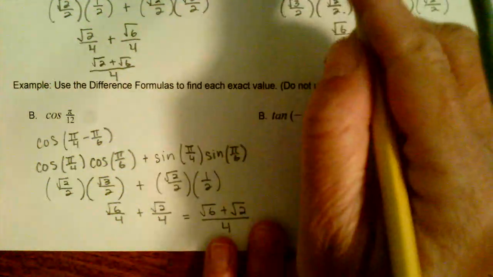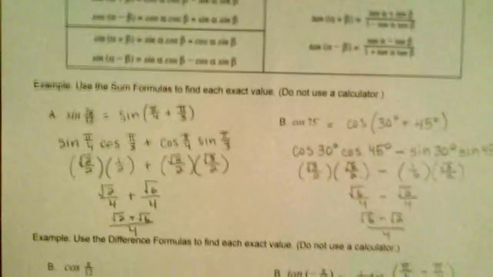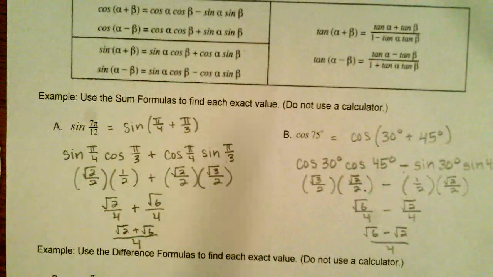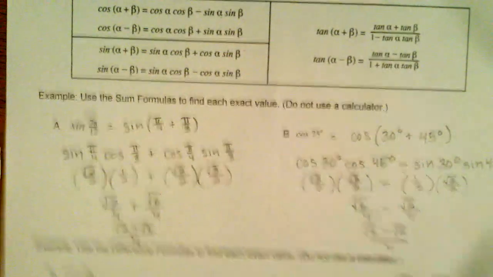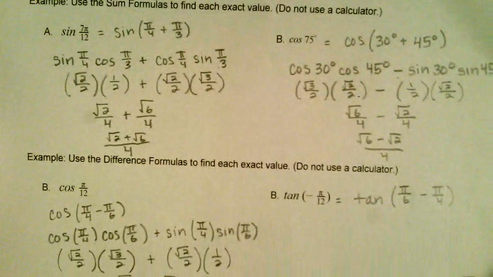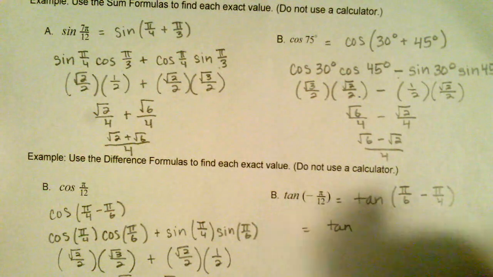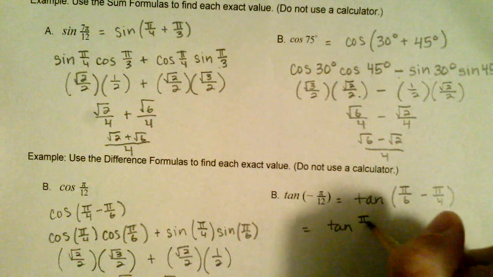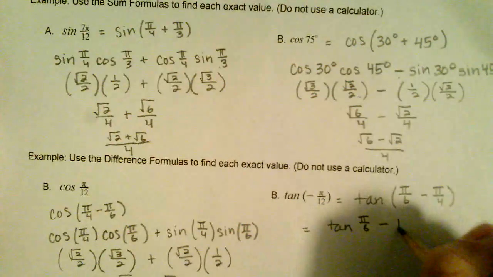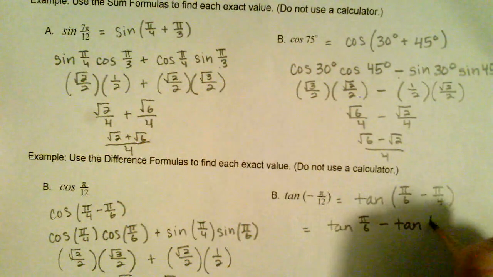Okay, so now looking at my formulas, I have the tangent of the difference of two angles. Okay, so I'm going to use this bottom formula. So all I'm doing is plugging in. I have tangent of the first angle minus tangent of the second angle.